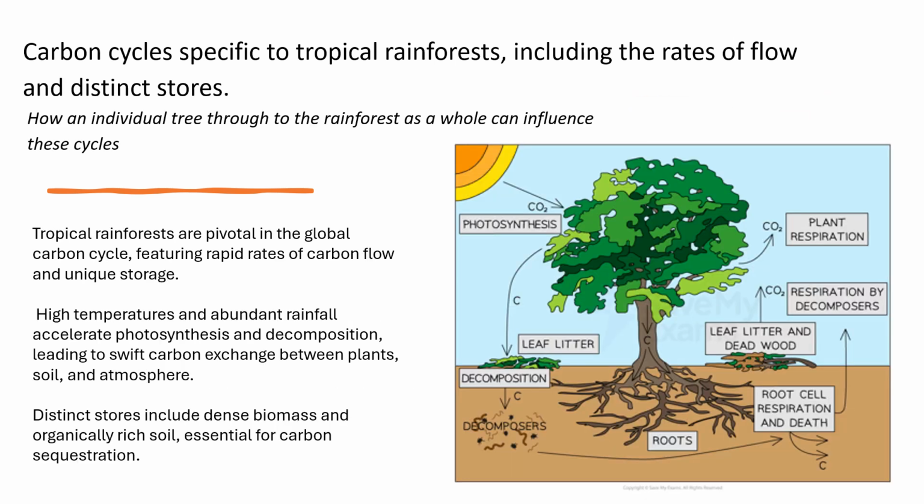Well, what about the carbon cycle then? Same concept. On an individual tree basis, we have the leaves that are drawing carbon out of the atmosphere. They're using that carbon for photosynthesis. They are storing the carbon within the leaves, the trunk and the roots, which is really beneficial.